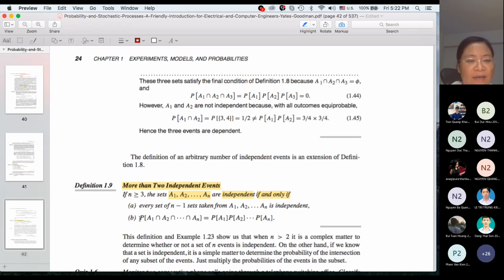And the second, the probability of the intersection of n events, A1 intersection A2 intersection ... intersection AN, equals probability of A1 times probability of A2 times ... times probability of AN. We satisfy 2 constraints here, we have n independent events.